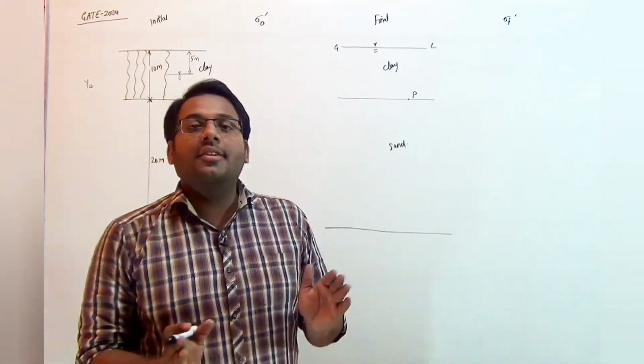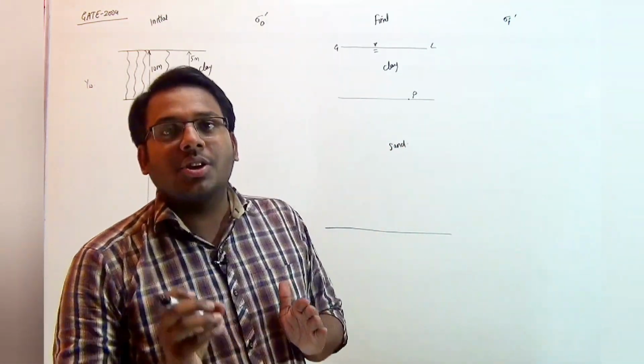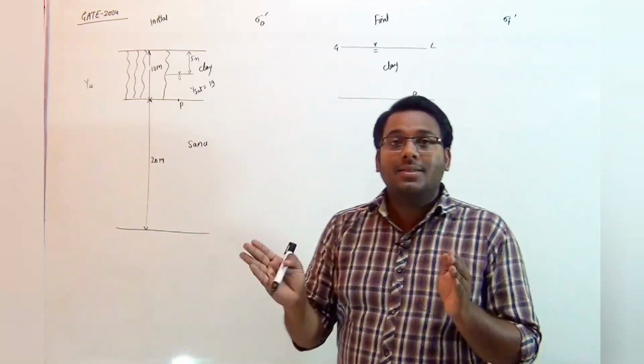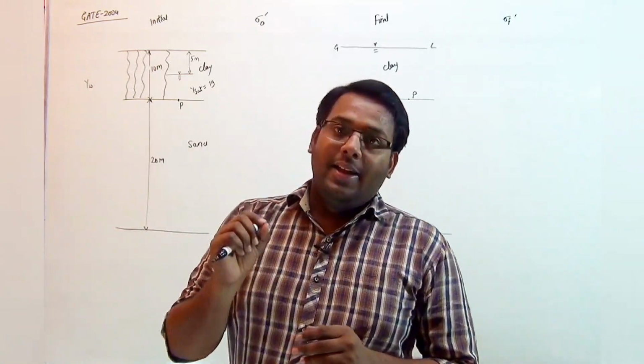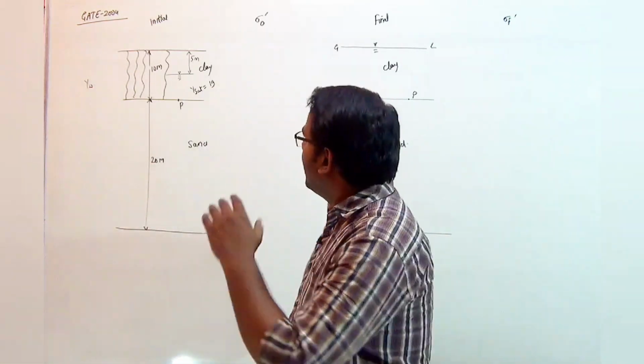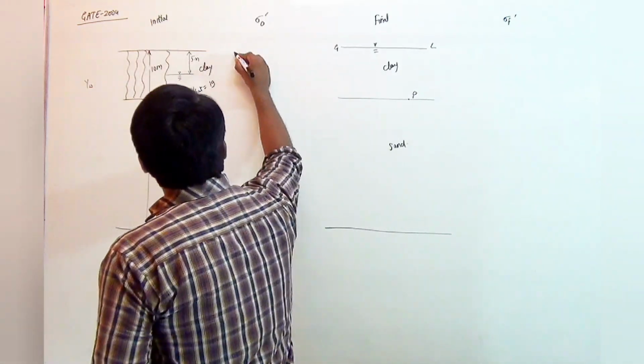We have already studied the capillary saturation conditions in the previous question also, and in the previous cases in the theory of effective stresses. So now we are directly drawing the effective stress diagrams.